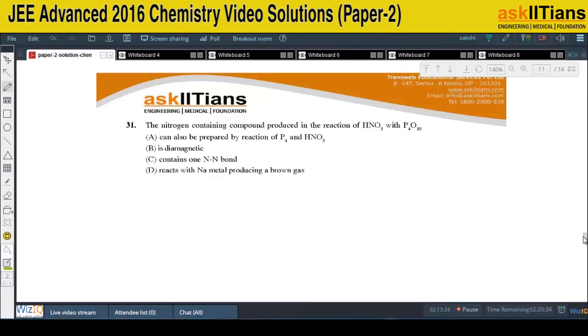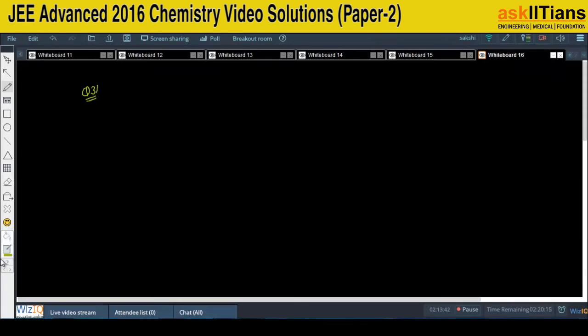Now you have to determine the options. It can also be produced by the reaction of P4 and HNO3, or is diamagnetic, or contains one N-N bond, or it reacts with sodium metal producing a brown gas. Now let us work out all the options that have been given so as to come at the correct option. Let me start writing.